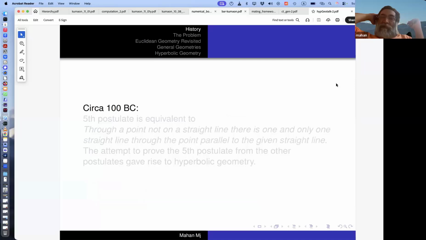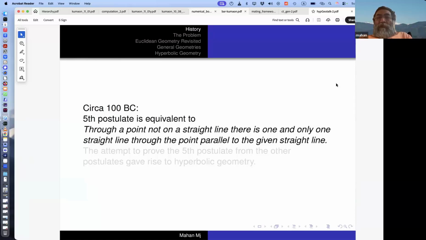So around 100 BC, it was observed that this fifth postulate is equivalent to the parallel postulate, which basically says the following: take a straight line on a plane, take a point not on that straight line, then through that point, there is exactly one and only one straight line parallel to the given straight line. What does parallel mean? It just means that the two straight lines never meet, however much you extend them.